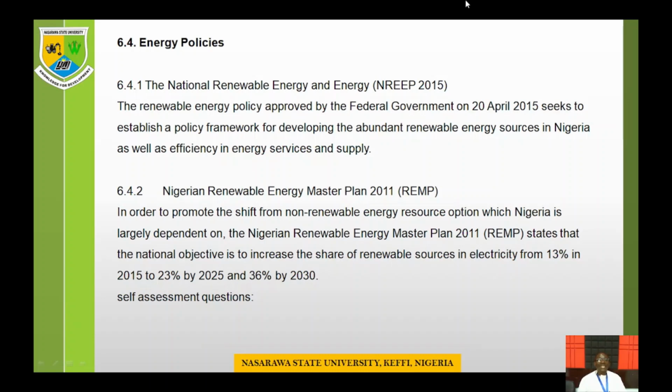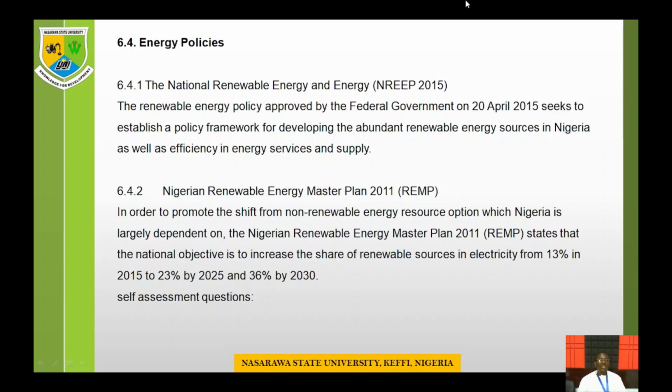Recall that Nigeria is largely dependent on the non-renewable option. So this renewable energy policy of 2015 was enacted to ensure that Nigeria explores and shifts from the non-renewable to the green energy option by harnessing all her renewable energy options.